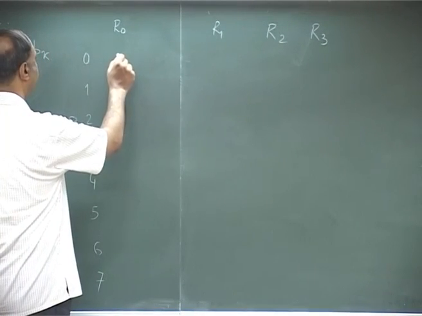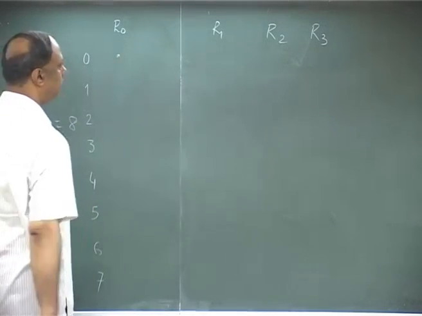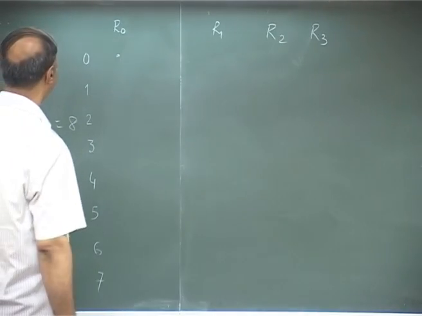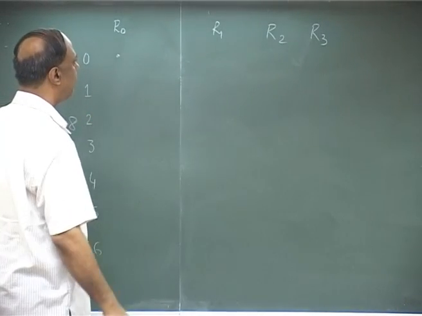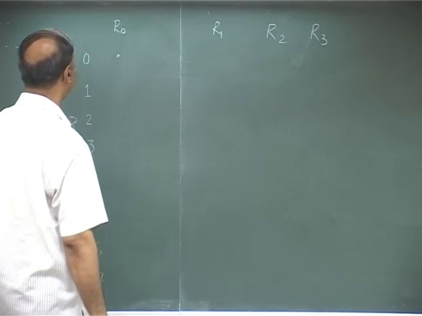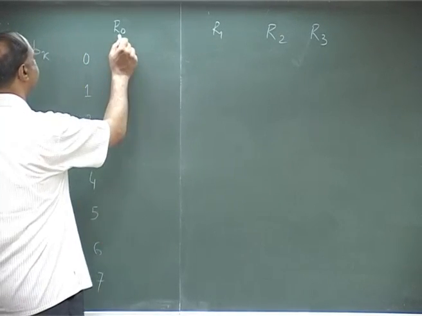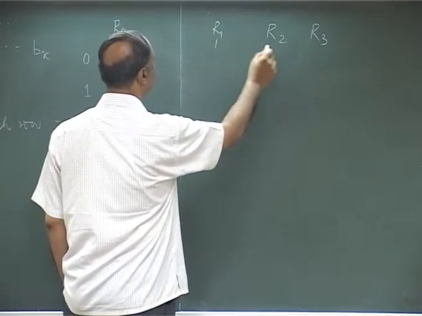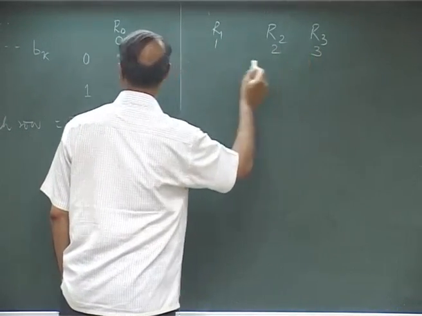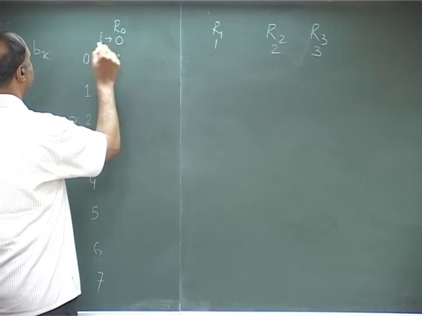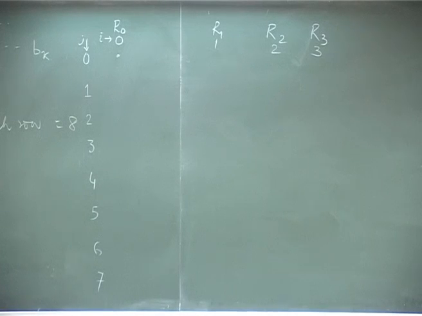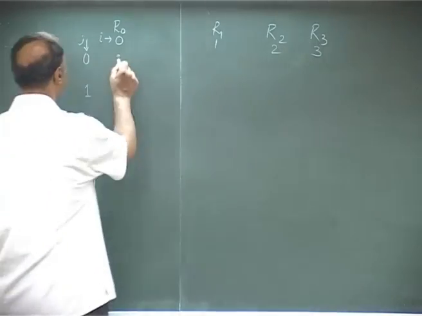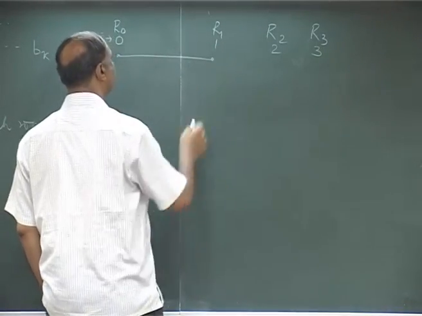So you have P00, and this is row 0, with index 0, 1, 2, 3. This side is your i, this side is your j. So P00 is connected with P10.